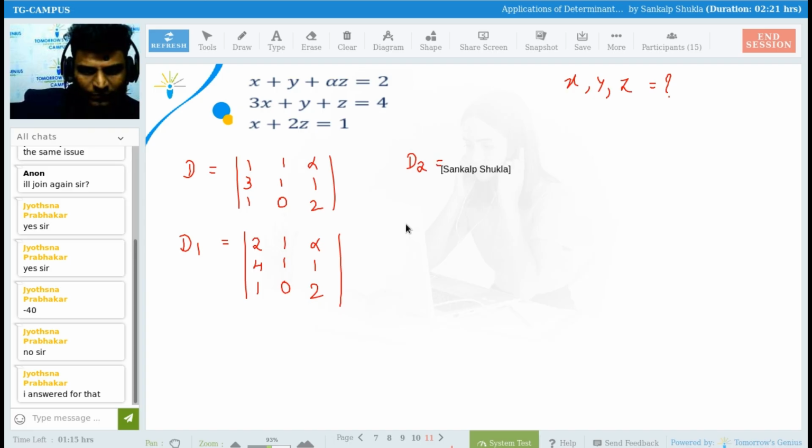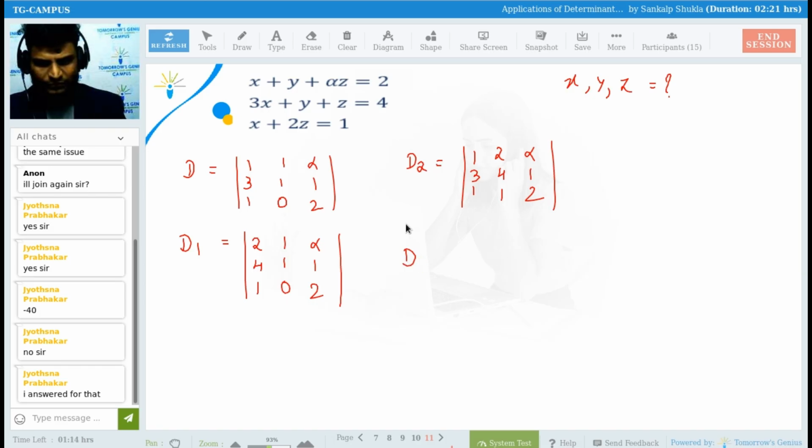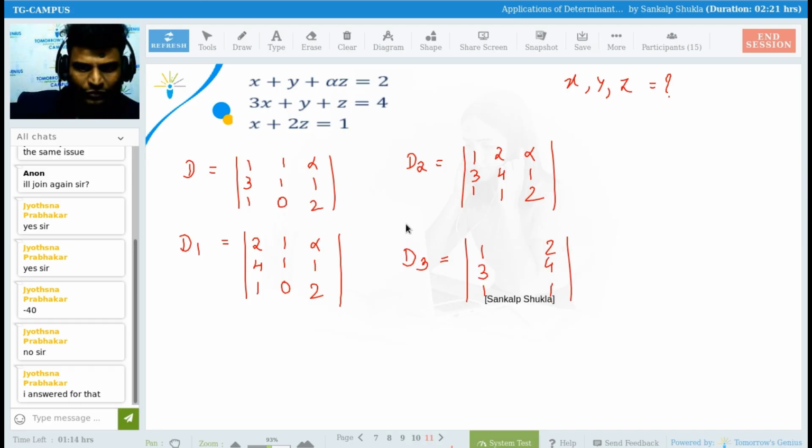D2 will be 2, 4, 1 and 1, 3, 1 and alpha, 1, 2. And D3 will be 2, 4, 1 and 1, 3, 1 and 1, 1, 0.